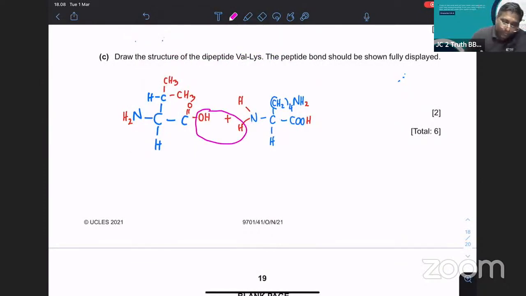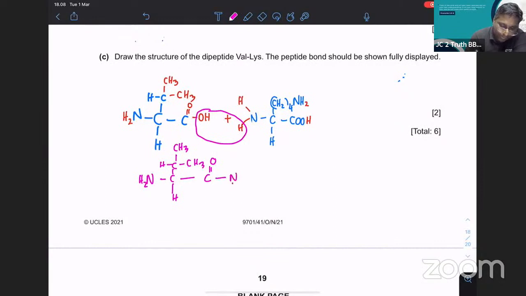You take them out, so you will have NH2, CH, CH3, CH3, H, and then C double bond O, N, H down, CH, CH2 4, NH2, and then COOH.